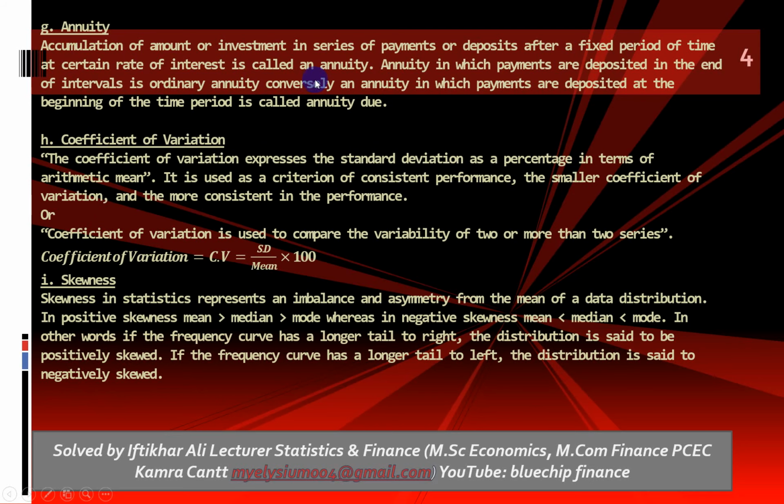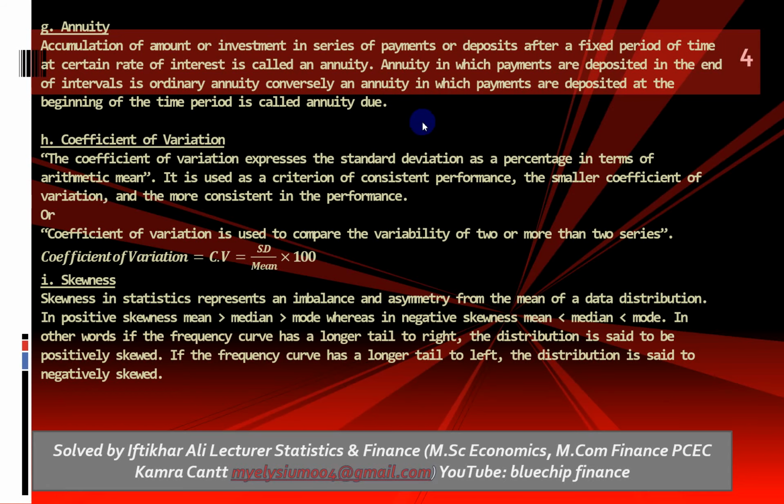Accumulation of amount or investment in a series of payments or deposits after a fixed period of time at a certain rate of interest is called an annuity. There are a lot of numerical questions we already discussed in previous papers, and I think in this paper there must be a question on annuity.